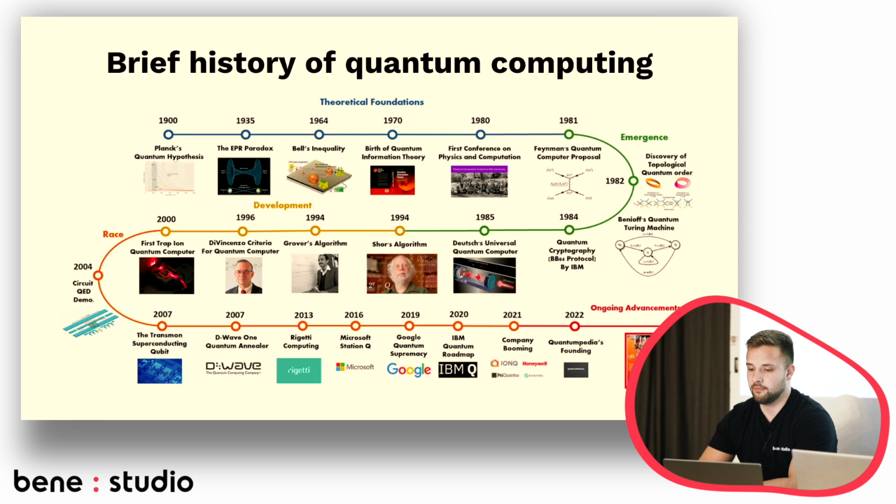This period saw significant progress in this field, and probably the major milestone was in 2019 when Google announced that they achieved quantum supremacy.